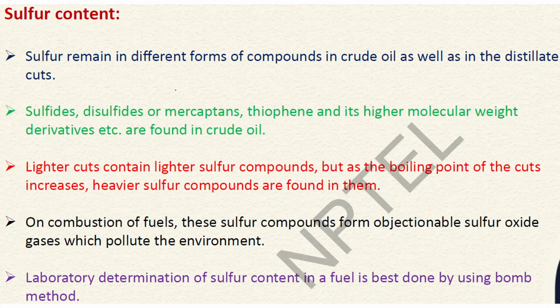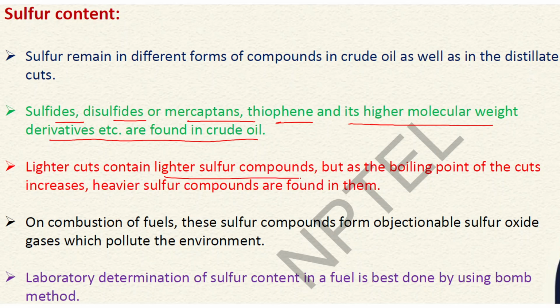There is a smaller amount of sulfur in the lighter cuts, whereas larger molecular weight sulfur compounds are present in the heavier cuts. Sulfides, disulfides, mercaptans, thiophenes, and their higher molecular weight derivatives can be found in the crude oil.